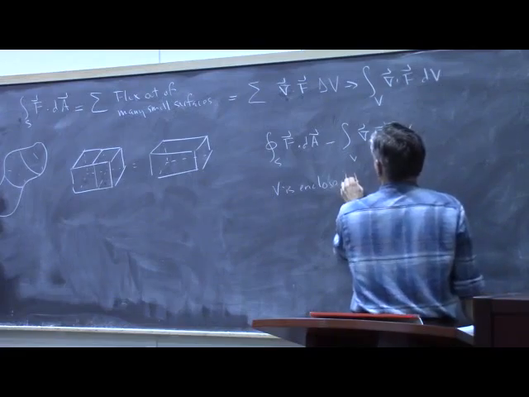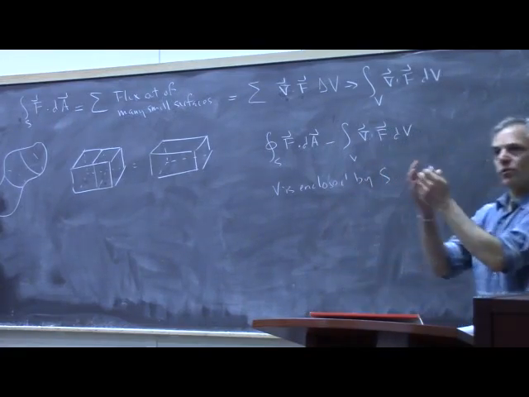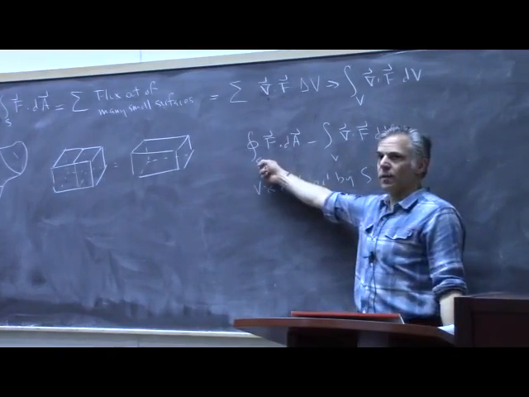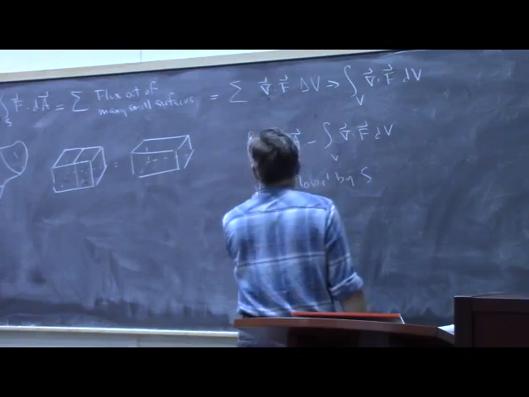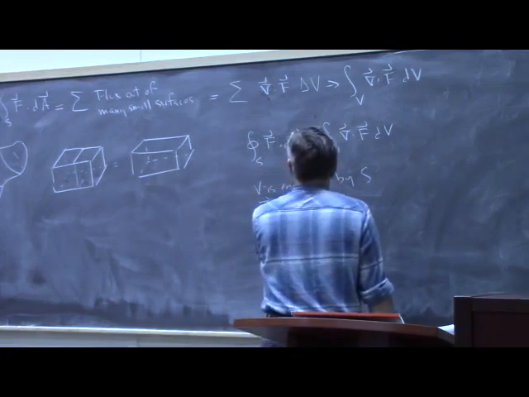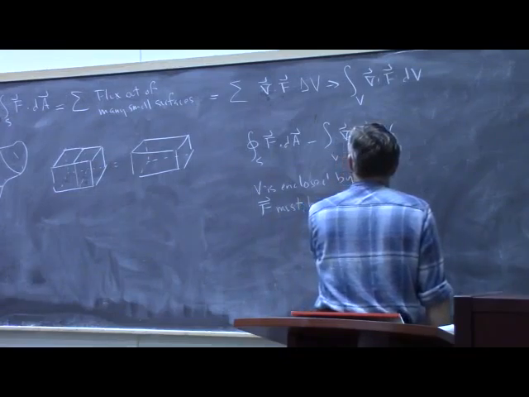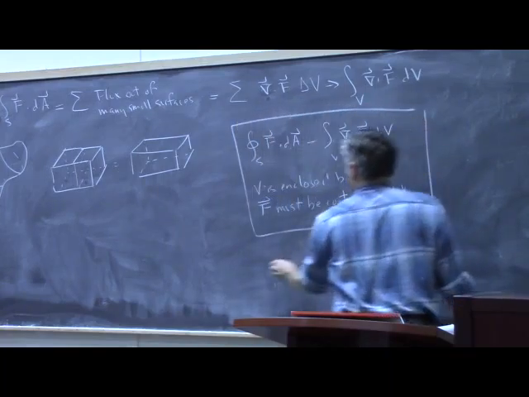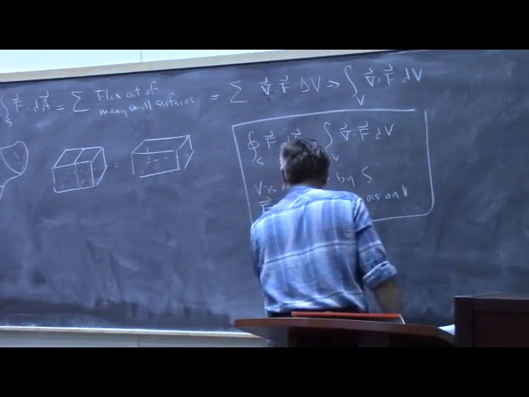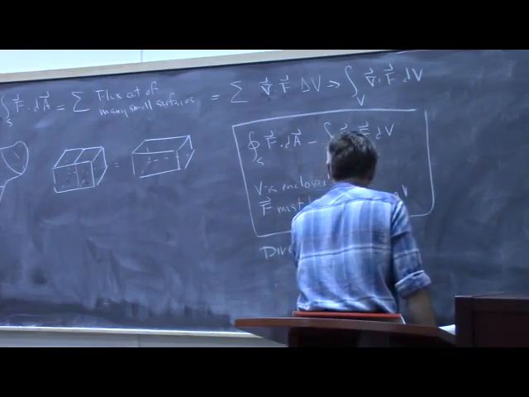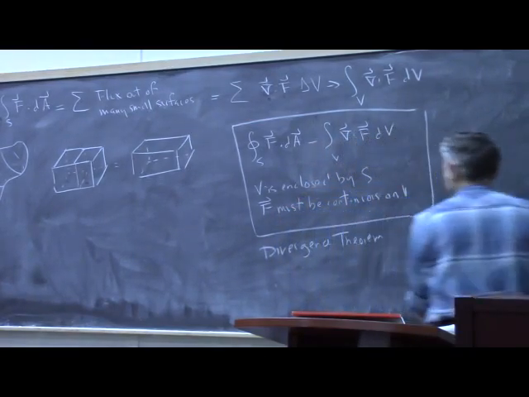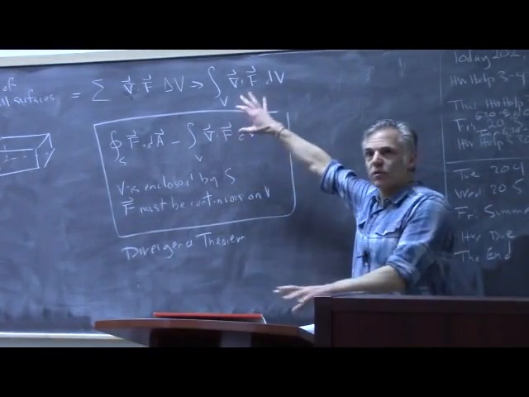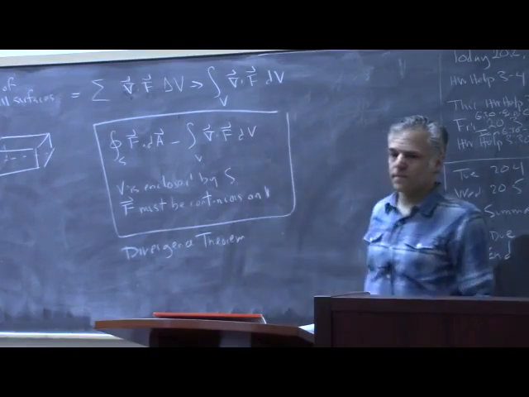Sometimes that's written this way, by S. So this has to be a closed surface, and the volume V here is the volume enclosed by S. And F must be continuous on V. And this is the divergence theorem. So I'd mentioned that last time, but I just wanted to use a slightly different argument to get here.